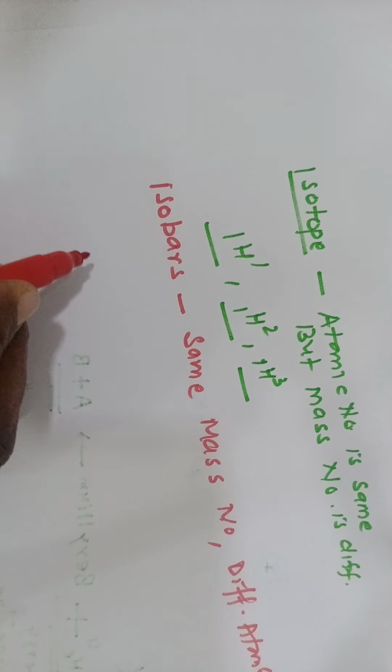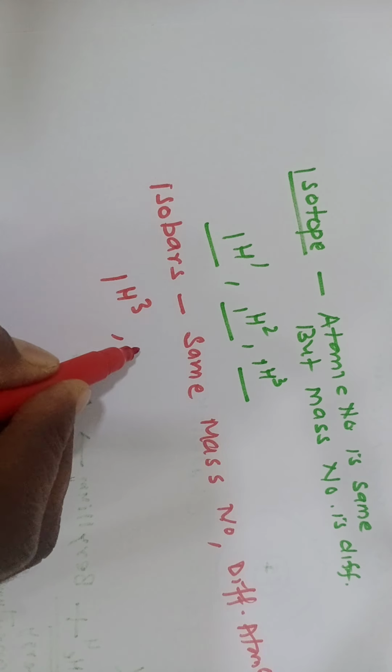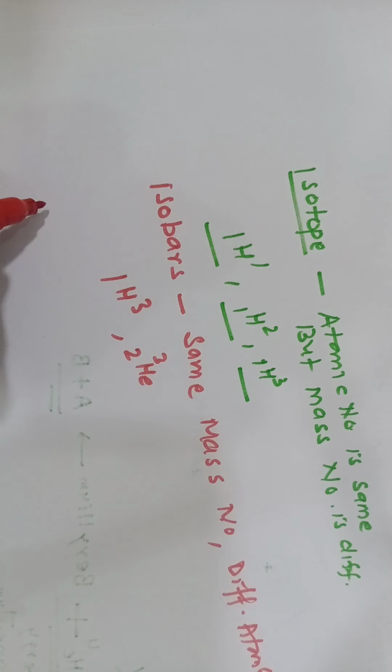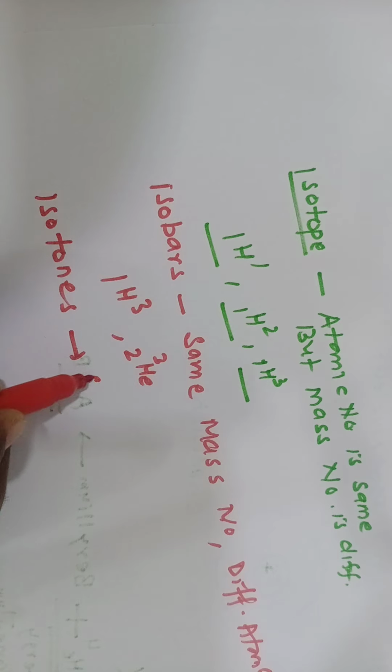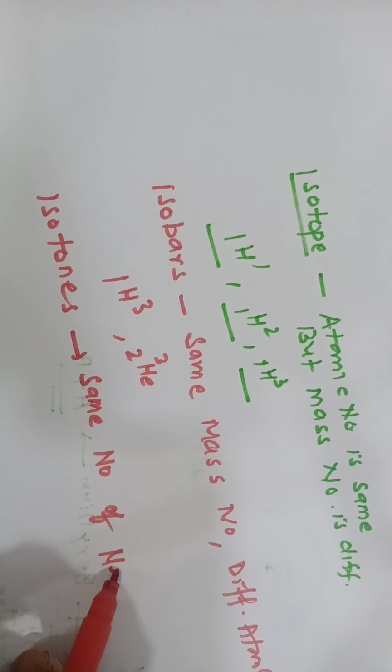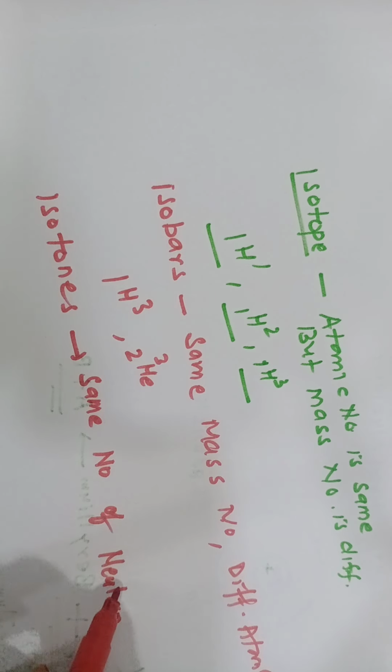So here is the example for that: 1H3 and 2He3. Then we have isotones. Isotones means which have the same number of neutrons. It is called isotone.